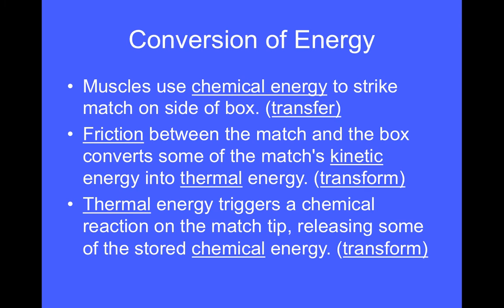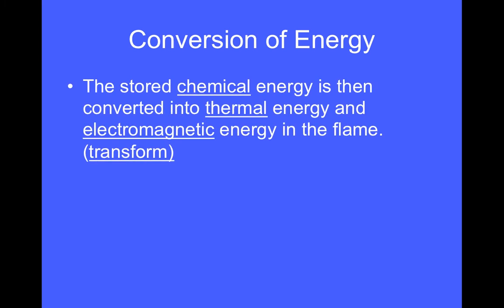Lastly, that chemical energy that's been released gets converted into thermal energy that we feel as heat, and also electromagnetic energy in the form of light in the flame. So we get another transformation. As you can see, a very simple process of striking the match, we actually get 4 different energy conversions that take place. And this happens all the time without us even thinking about it.